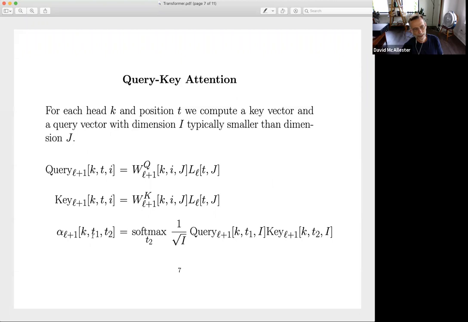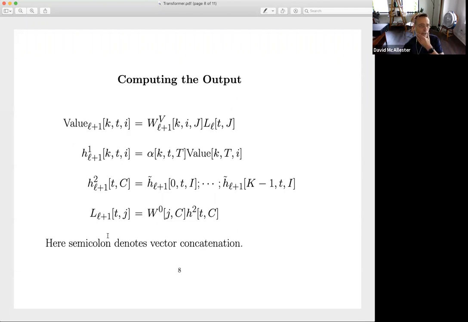Remember what we've got is for a given k and for a given t1, we've got a softmax probability distribution over t2. Now, how do we compute? Attention computes a probability distribution, and then it uses that probability distribution to compute a convex combination of some values. So what we're going to do is also compute a value at each position.